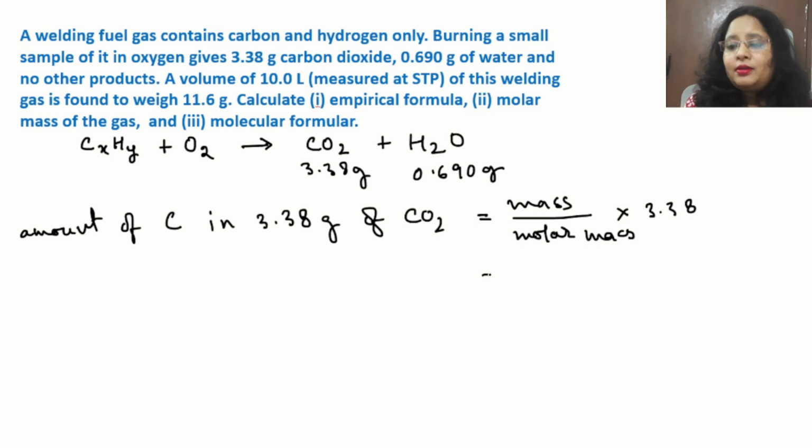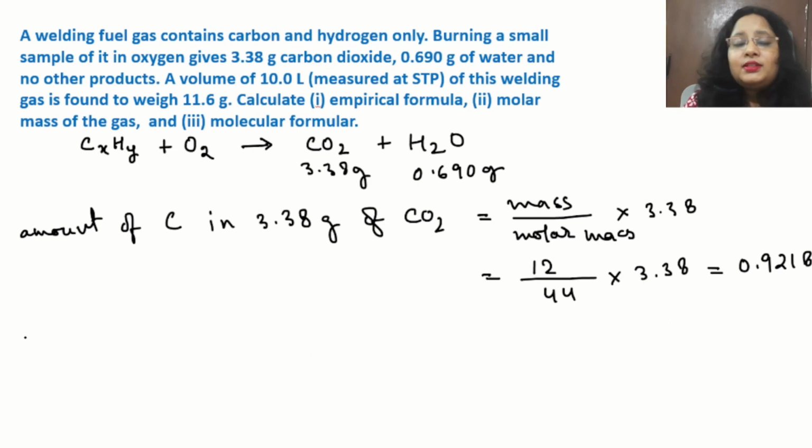Now here we need to calculate the mass of carbon, so we will put the mass of carbon, that is 12. Molar mass of carbon dioxide, that is 44, and in turn multiplied by 3.38, and we get the answer 0.9218 grams.